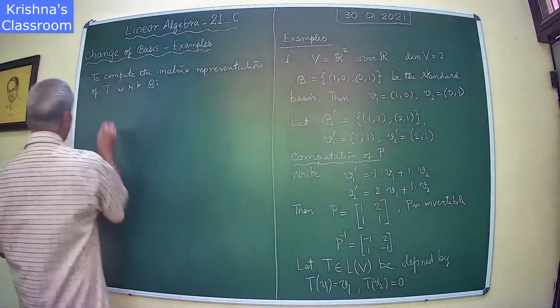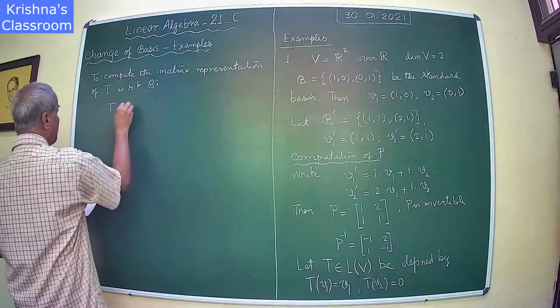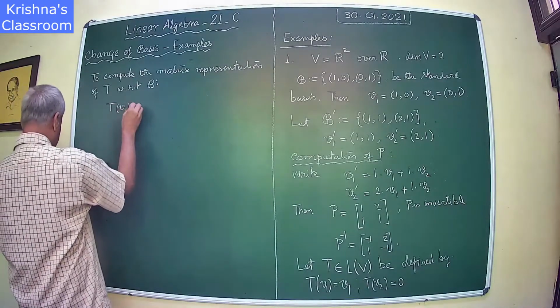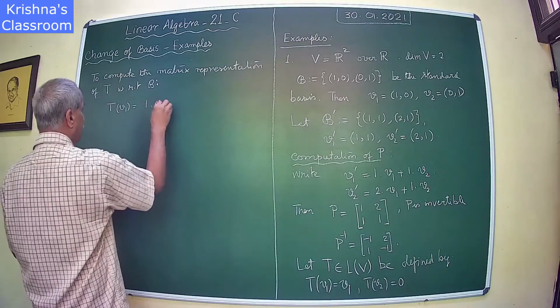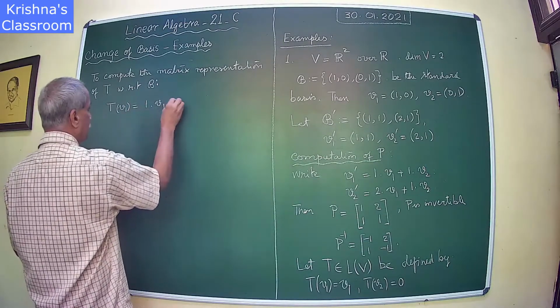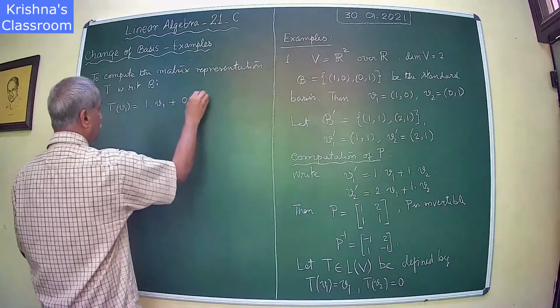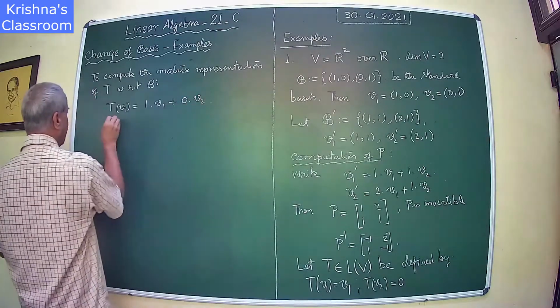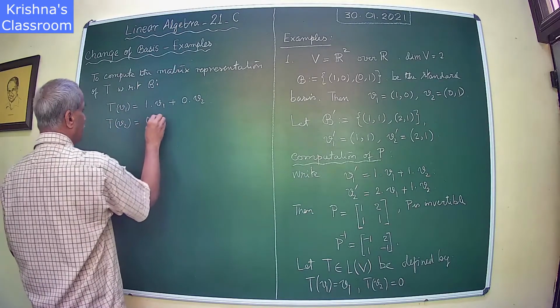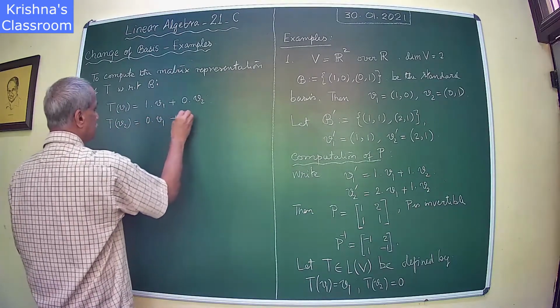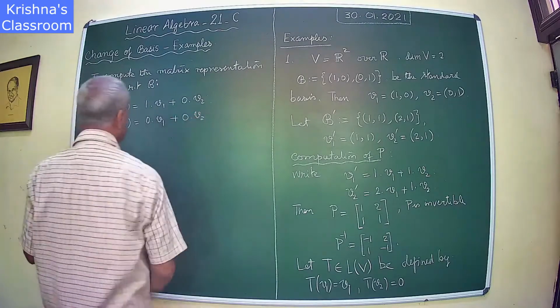So you write down TV1 equal to 1 times V1 plus 0 times V2, and TV2 equal to 0 times V1 plus 0 times V2.